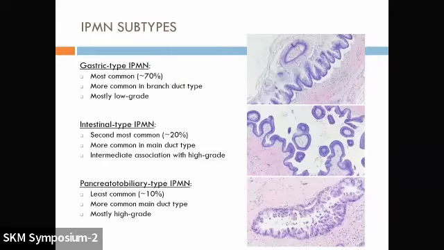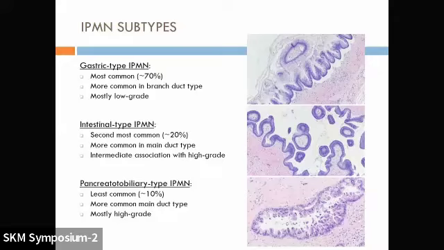Also, it is not easy, sometimes, to differentiate gastric and intestinal type of epithelium, since a lot of epithelium will show hybrid morphology. Anyhow, gastric type of IPMN is the most common type, and it is most commonly associated with the branch type of IPMNs. And again, it is mostly of low-grade variety, as we saw in our case.